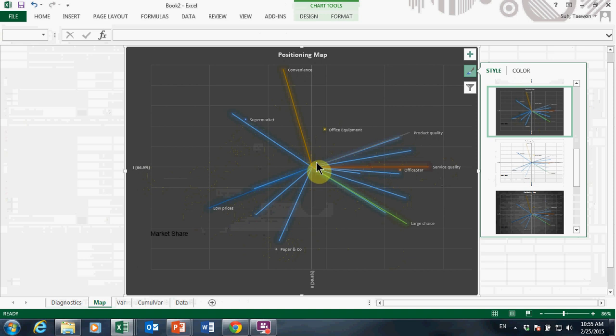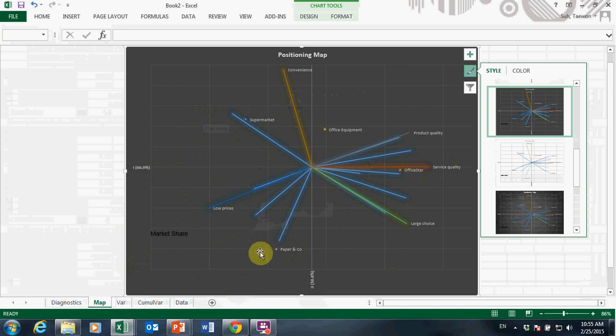The way to interpret each attribute line is, you draw a perpendicular line to the attribute line and approach it from a faraway place to 0.